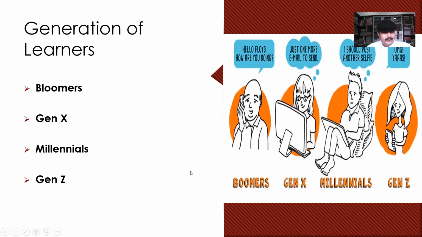Now coming to generation of learners. There are four generations of learners: bloomers, generation X, millennials, and generation Z. Generation X are also known as digital immigrants.